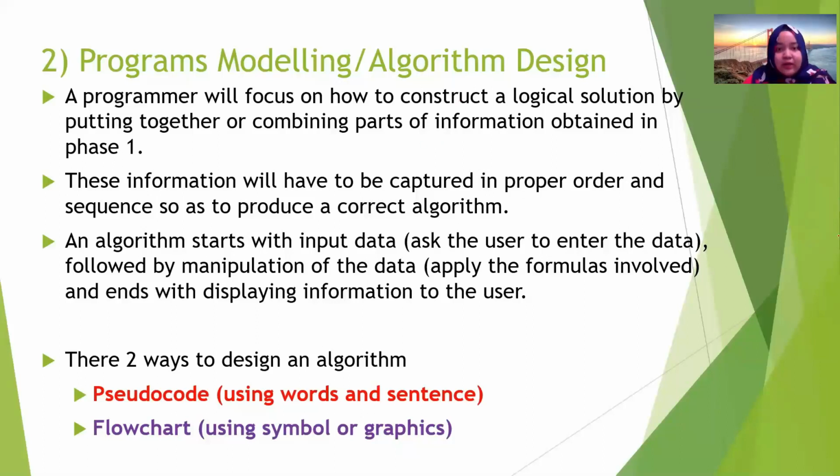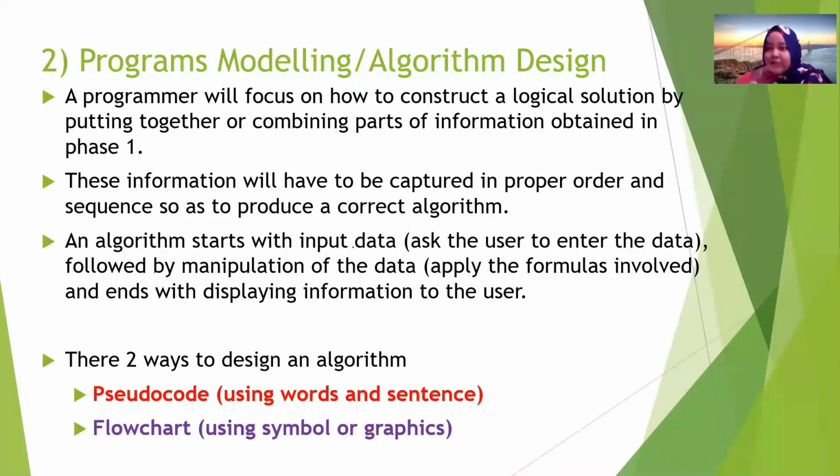This information will have to be captured in proper order and sequence so as to produce a correct algorithm. An algorithm means that we do step by step to solve that problem. An algorithm starts with input of the data. So remember, input, process, output, that is the sequence, just as I told you yesterday.